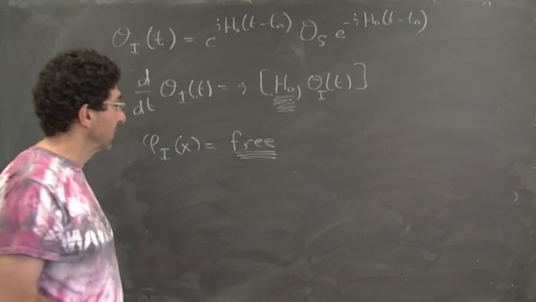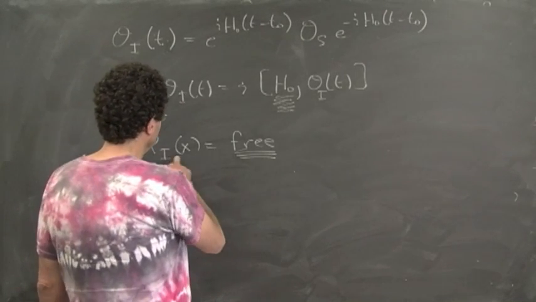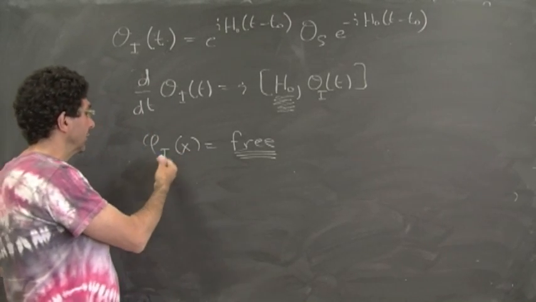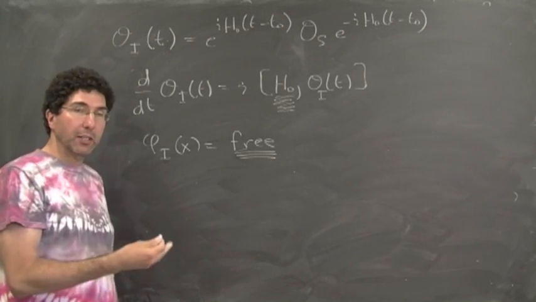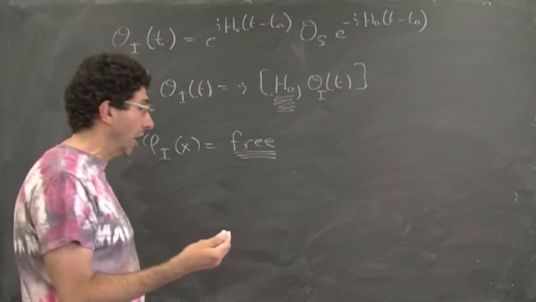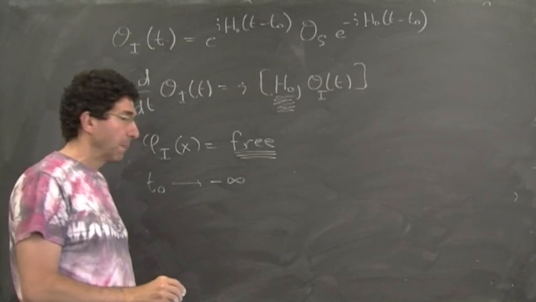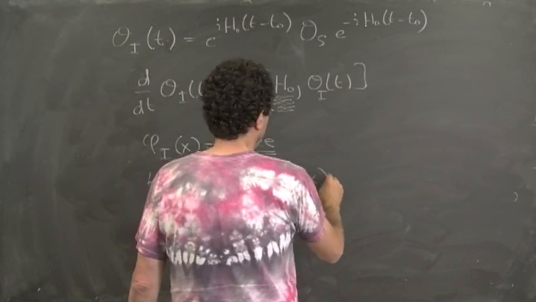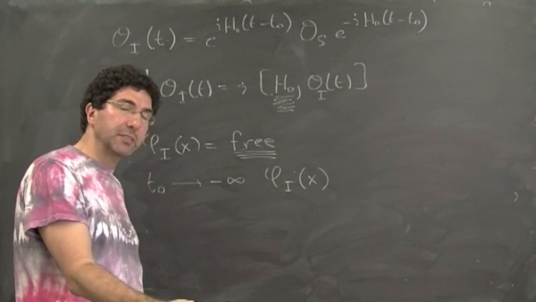In particular, now we have to ask where we are going to choose the interaction picture fields to agree with the Heisenberg picture fields and Schrodinger picture fields. That was the time t_0. So if we take t_0 goes to minus infinity, then the interaction picture fields agree with the Heisenberg picture fields at time t equals minus infinity.